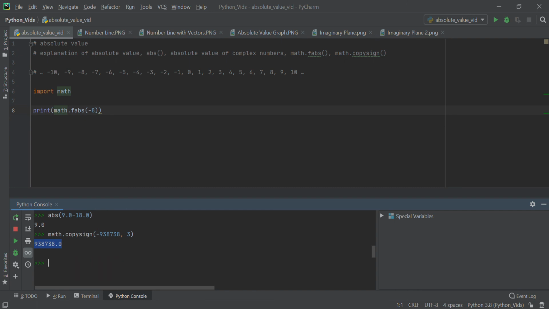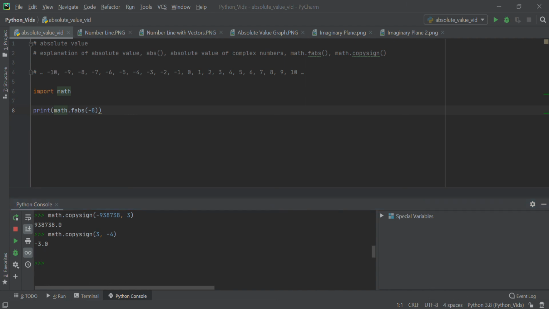So just to show you one more example, math.copysign of 3 comma negative 4, and that gives you a negative 3.0, a float of the absolute value, then the negative sign.